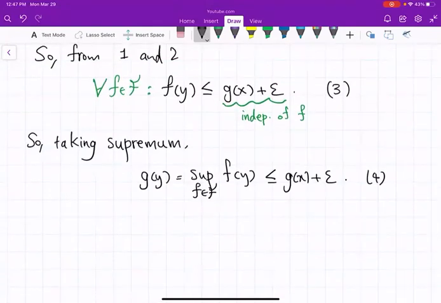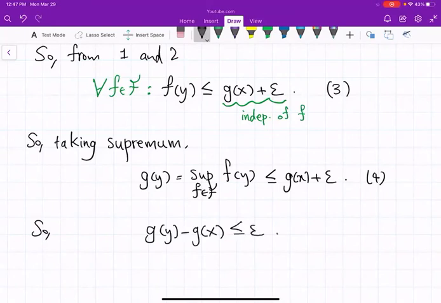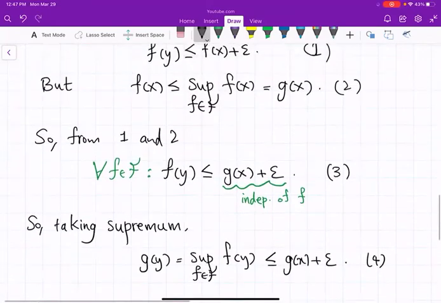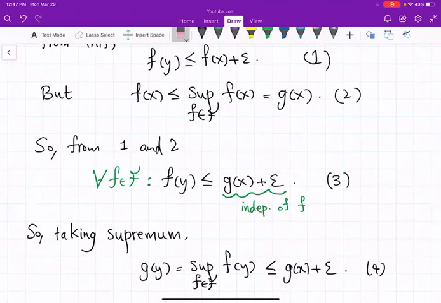And now I have that g of y minus g of x is less than epsilon. Something interesting here. This is true as an abstract inequality, right?